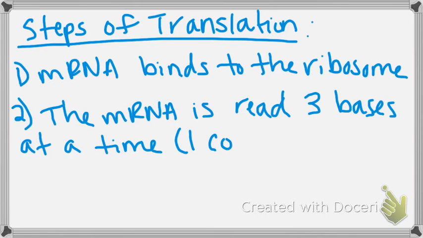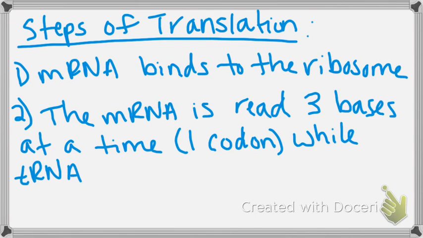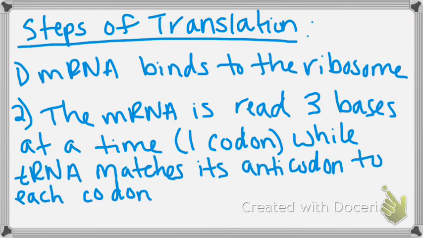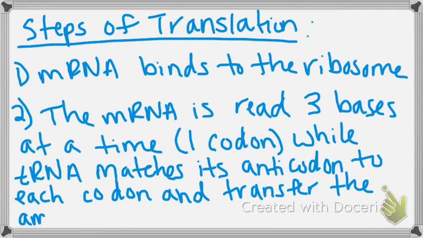That equals 1 codon, right? While tRNA matches its anticodon to each codon and transfers the amino acid to the growing protein.